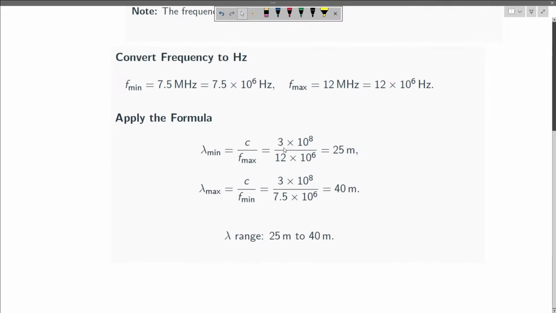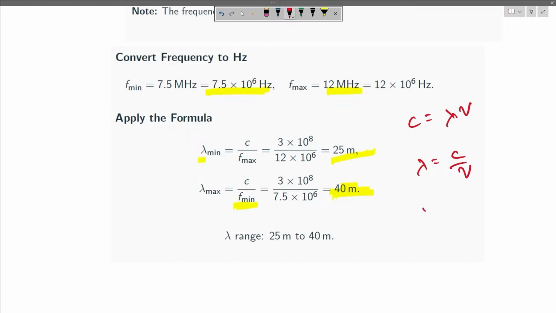Let's calculate. The highest frequency is 12 megahertz and the lowest frequency is 7.5 megahertz. Corresponding with the lowest frequency, there will be the higher wavelength. For the maximum frequency of 12 megahertz, the wavelength is going to be 25 meter, and for the lower frequency, lambda is going to be maximum, that is 40 meter, because lambda equals c by nu and nu equals c by lambda.